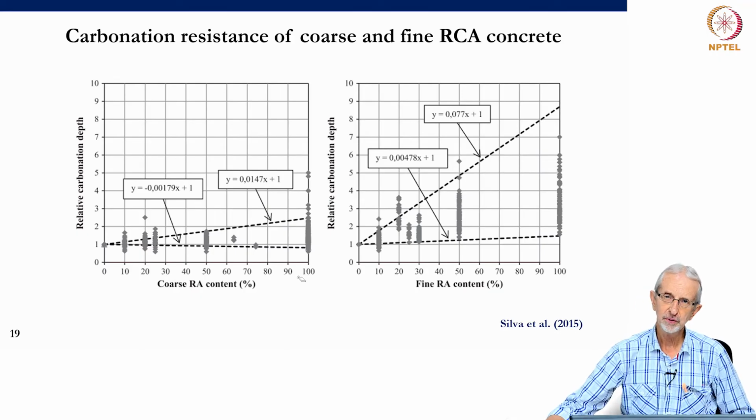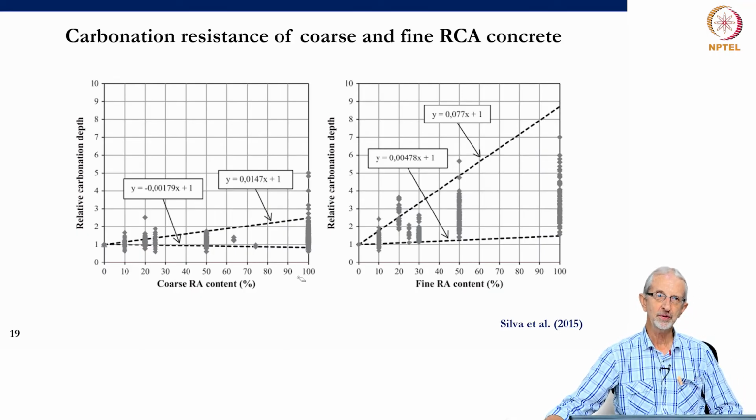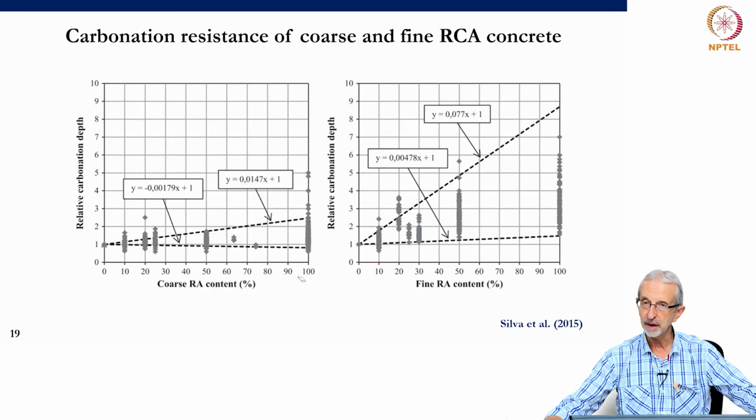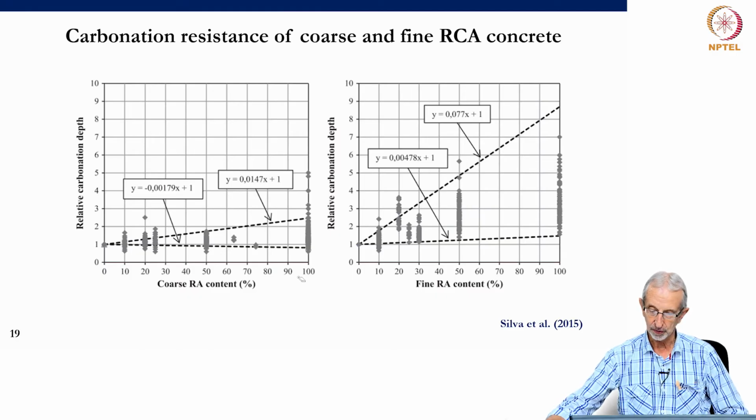Talking about carbonation resistance, a little bit of a mixed picture emerges. And here we have on the left coarse RCA, and on the right, fine RCA. And you can see that with the use of fine RCA, there is immediately, apparently anyway, a much greater increase in the relative carbonation depth, with a substantial increase and a very substantial variability that comes through in this case.